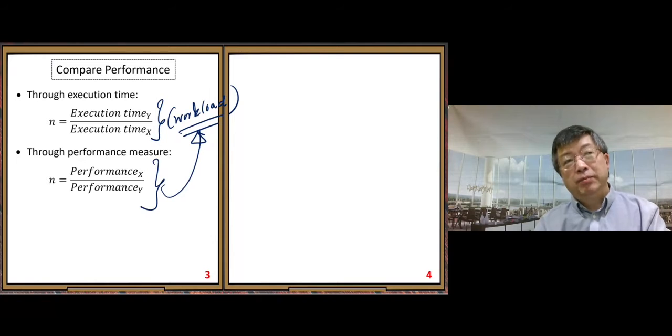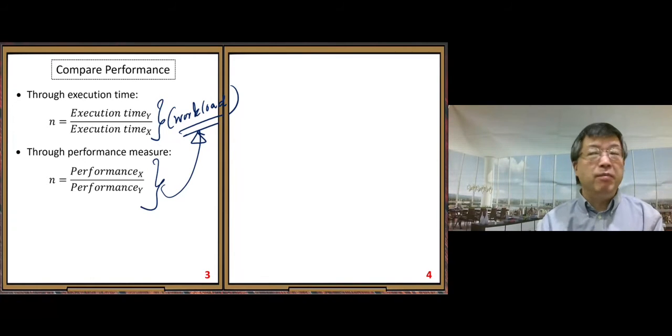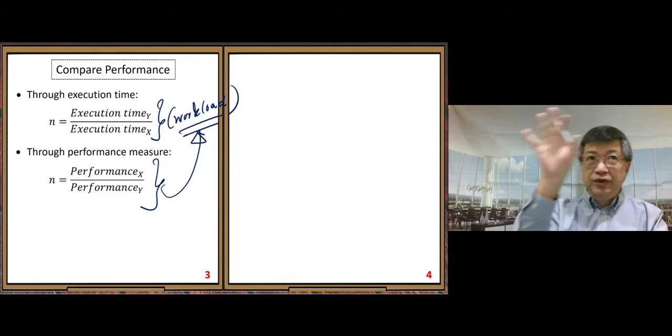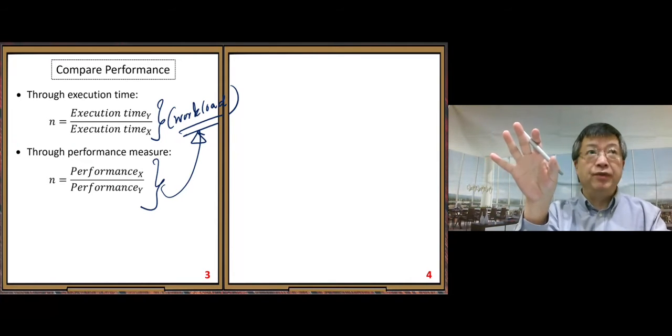As our first view of performance, later we will have many different views, many different definitions and metrics of performance. Next we will move to the next performance metric. That one will be much better, but we'll spend a lot of time to learn it.